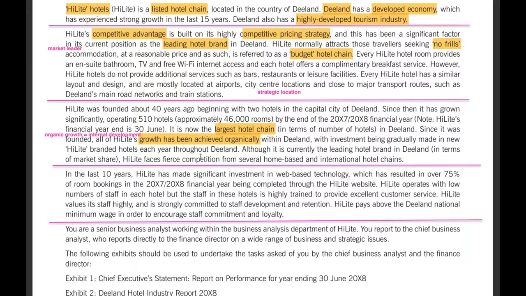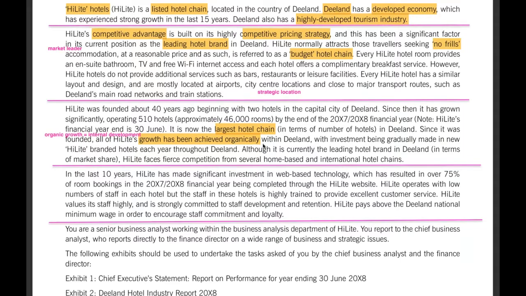So with this particular organic growth, that means they are good at developing their own strategy by building up their own hotels.